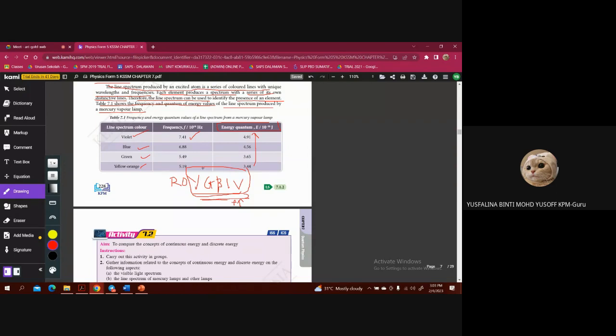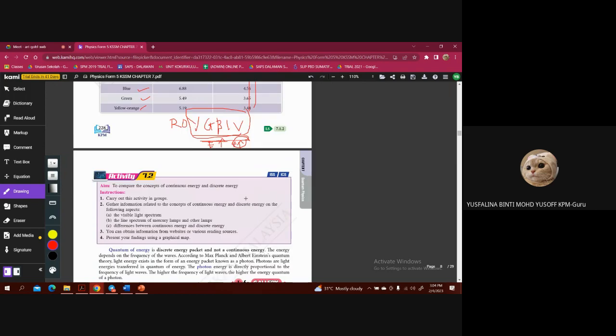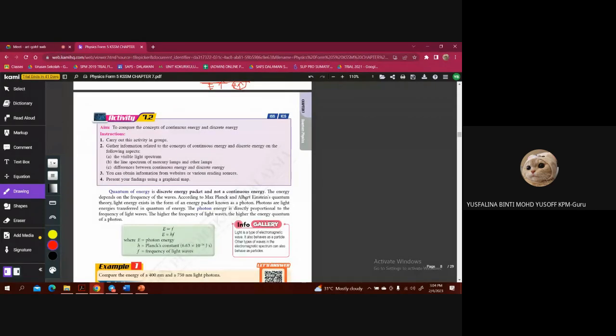So from yellow to violet, the energy also increases. This means it depends on the frequency. Frequency means the vibration, the movement of the electron particle, since we apply the heat energy to the electron.